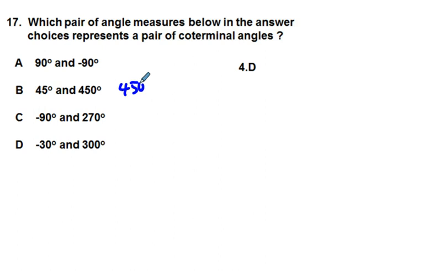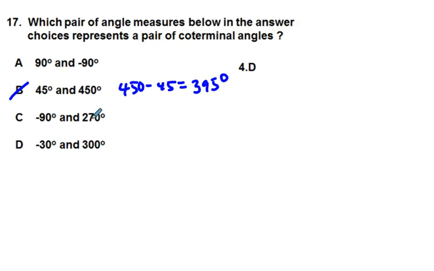If we took 450 degrees minus 45 and got 360 degrees as our answer, that would be evidence of a coterminal pair, but we get 395 degrees. They are not 360 degrees apart, so not a correct answer.